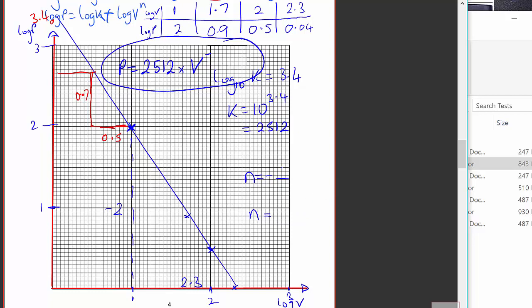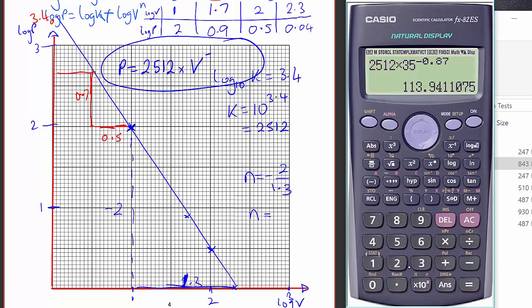So yes, that was 2, but this distance is only 1.3, not 2.3. So my n is actually 2 divided by 1.3, and that's let's call it 1.54.